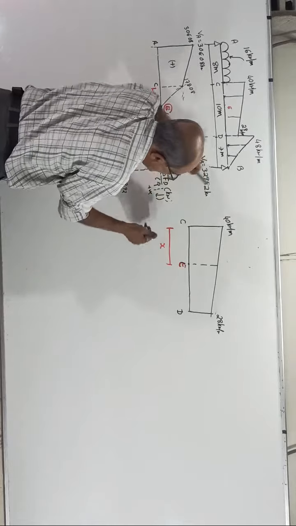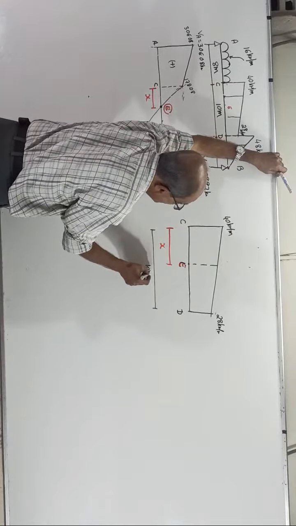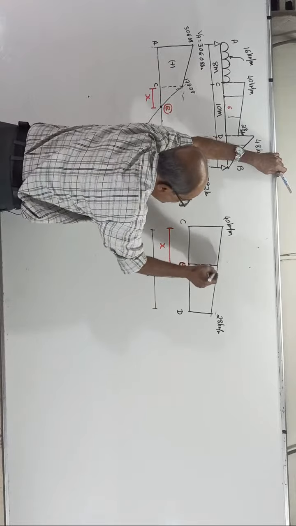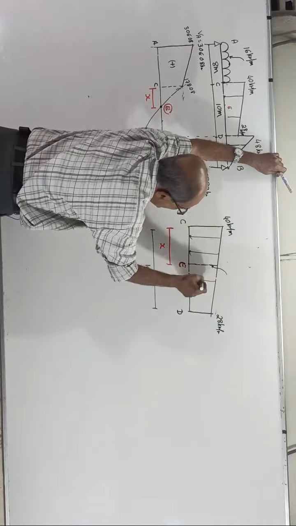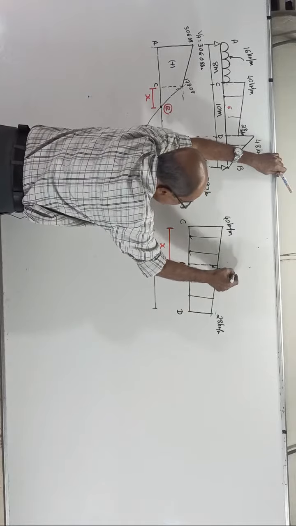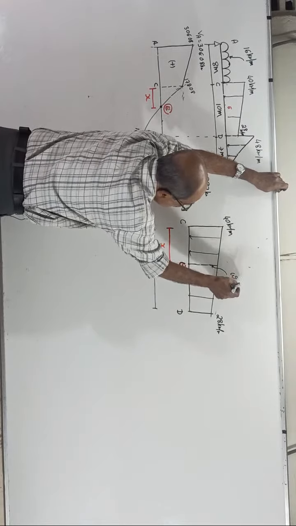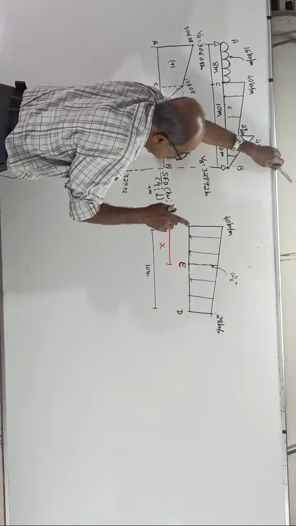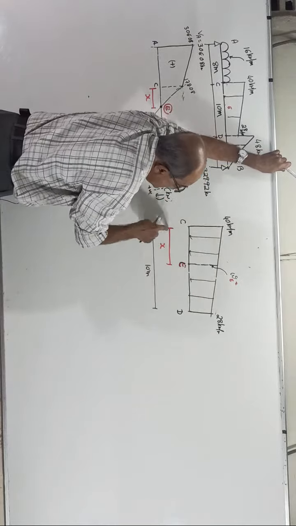The full base is 10 meter. Now, I want the intensity W at the point E, which will be in terms of X. Here 40, there 28, over a length of 10, at X.